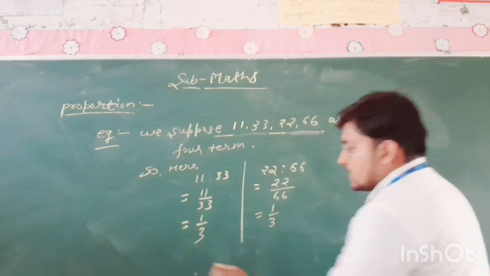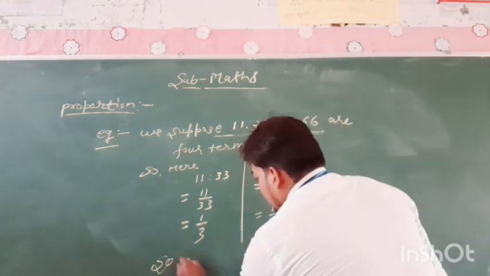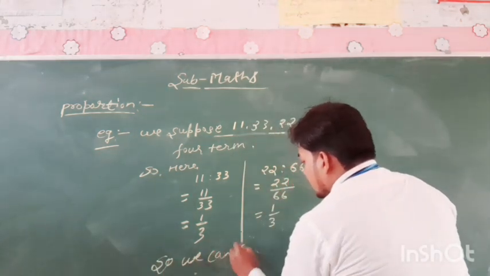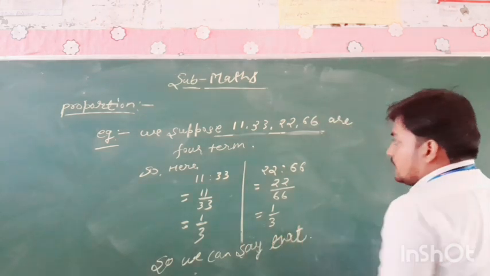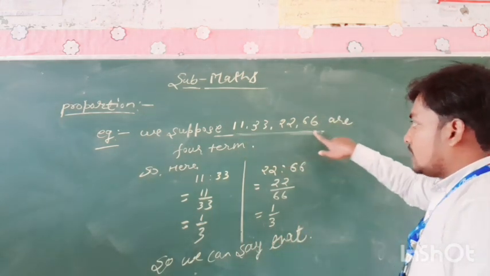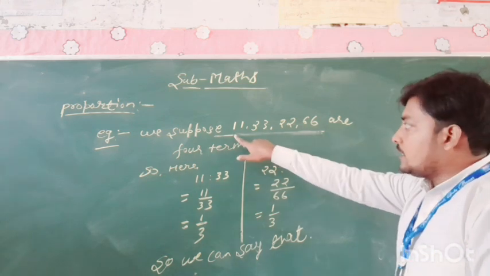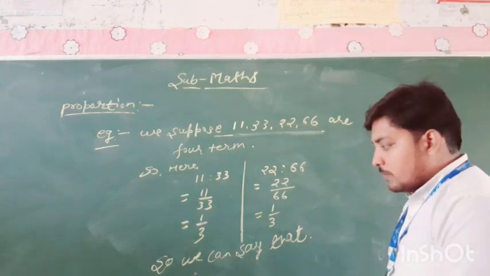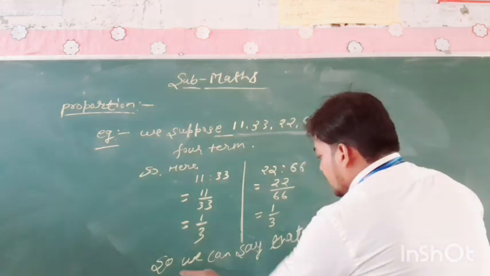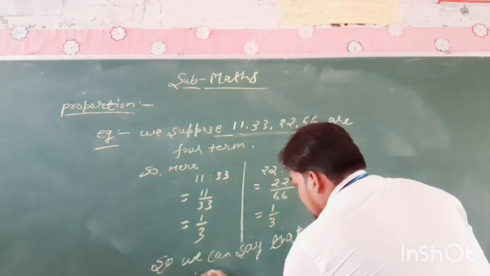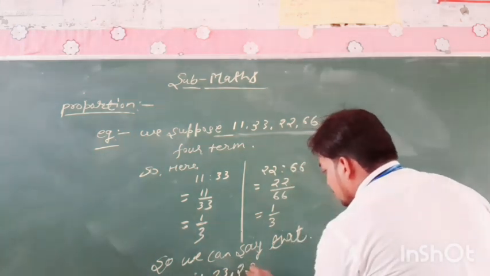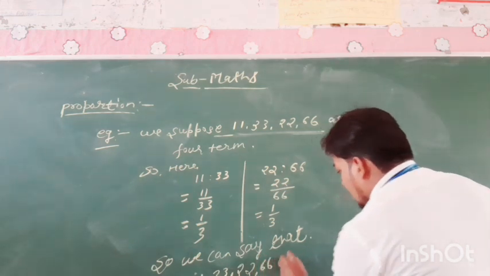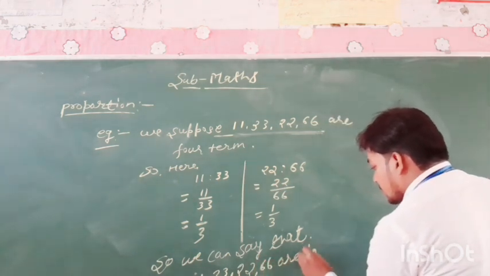So we can say that these 4 numbers or these 4 terms are in proportion. So we can say that 11, 33, 22, 66 are in proportion.